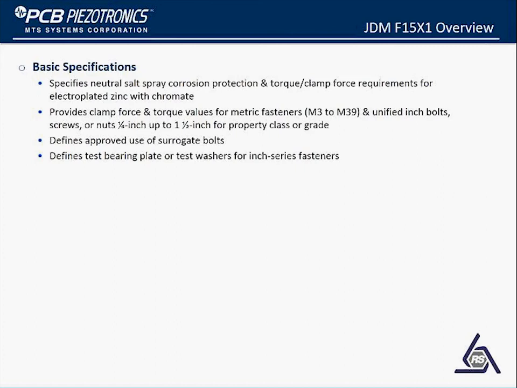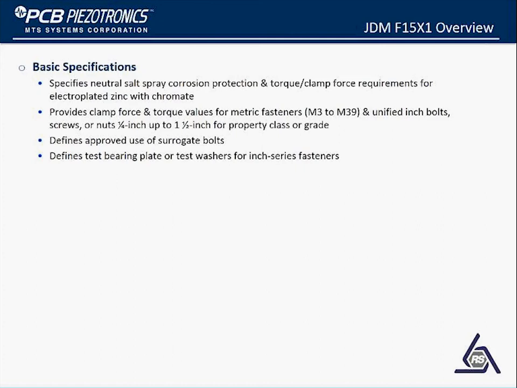It provides clamp force and torque values for metric fasteners from M3 up to M39, and for unified inch bolts, screws, or nuts, 1/4 inch up to 1.5 inches, defined by property or class. It defines the approved use of surrogate bolts for those who don't want to test or don't have the capability of testing a 1.5 inch bolt. Using a surrogate at 3/8 or 1/2 inch or M10 can be possible.